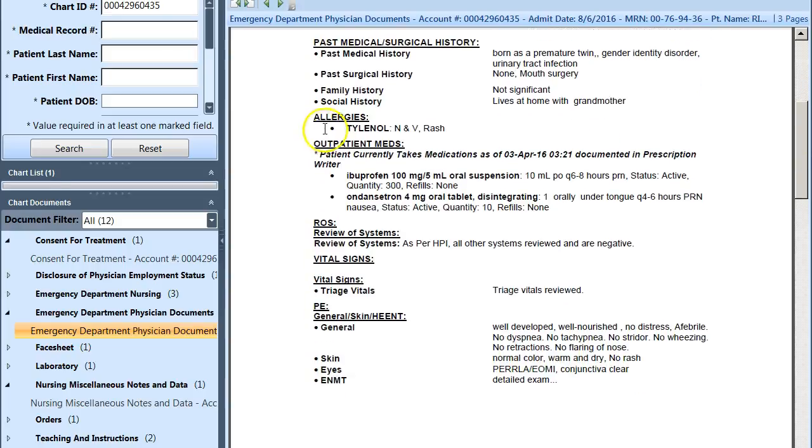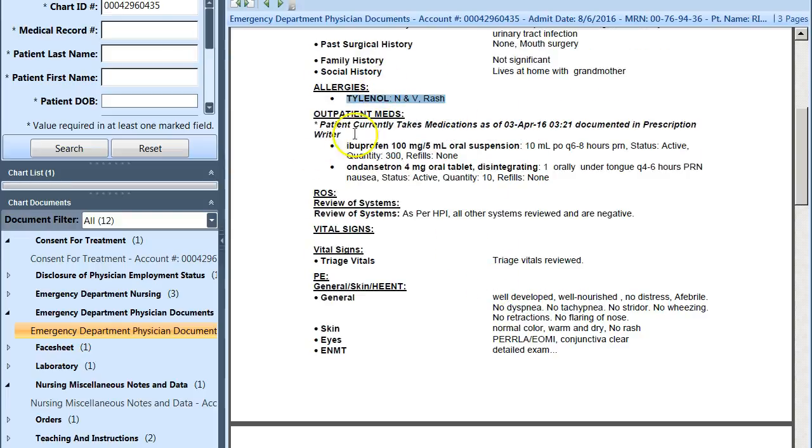Okay, so the patient is allergic to Tylenol, and what they get is a rash when that happens. So that's something that we can document as one of our diagnoses, or information, is allergies. Okay, because that might be a reason she's vomiting.